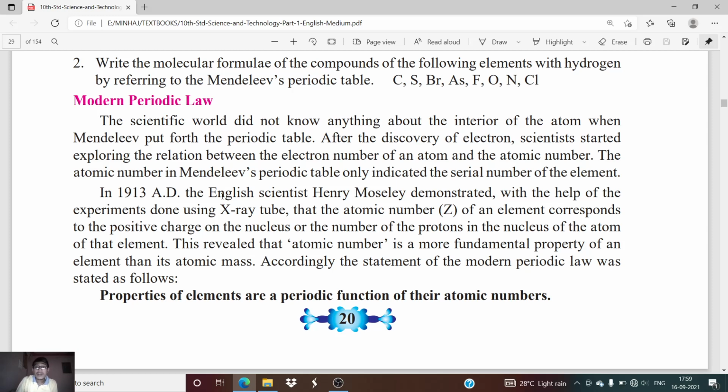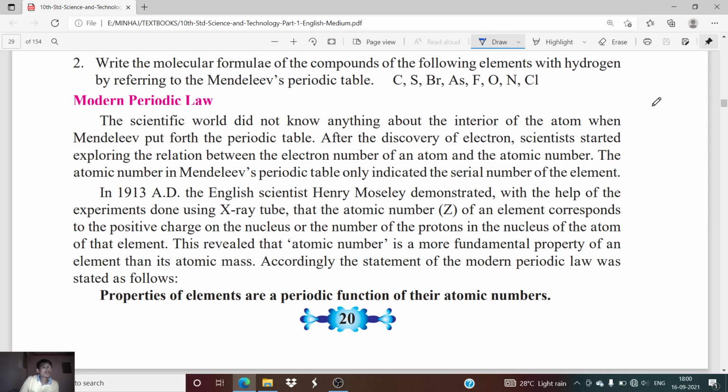After the discovery of the electron, scientists started exploring the relation between the electron number of an atom and the atomic number. We know that the atom has three particles: electron, proton and neutron, where the electron is a negatively charged particle.